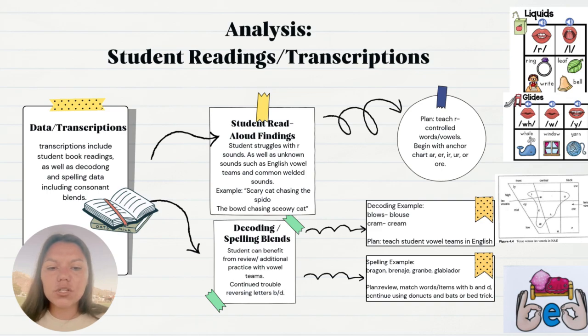So those are just some of the analyses that I had when reviewing this student's work. What I would go ahead and do, and I tried to include some pictures here also, is review the place and manner of articulation for certain or all of the letters, as well as reviewing all of the vowels and combinations that are present in English that she may not have been exposed to.